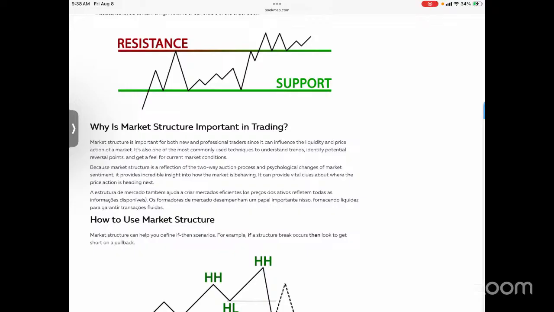It's also one of the most commonly used techniques to understand trends, identify potential reversal points, and get a feel of current market conditions. Market structure is a reflection of the two-way auction process and psychological changes of market sentiment. It provides incredible insight into how the market is behaving. It can provide vital clues about where the price action is heading next.